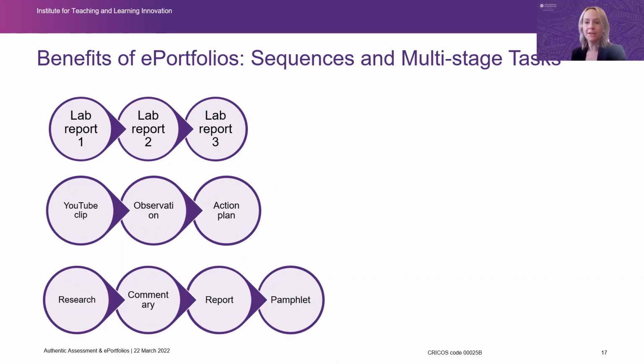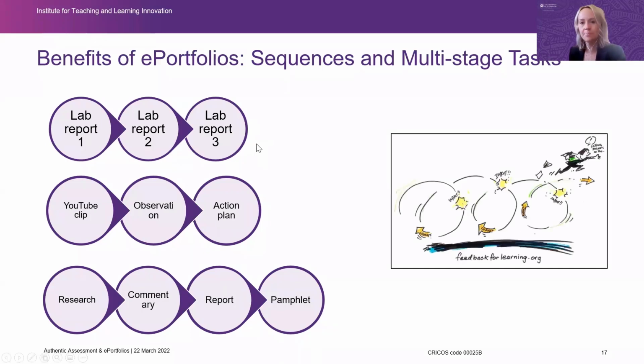And then maybe the final piece is an authentic piece of learning, like a pamphlet or a leaflet, where students might do that in another tool, but then put that in their portfolio. And so through this, not only are they curating evidence of learning in their portfolio, but they're also able, don't forget, to curate feedback.